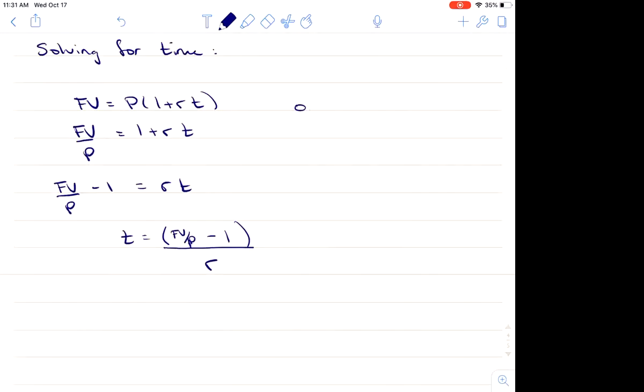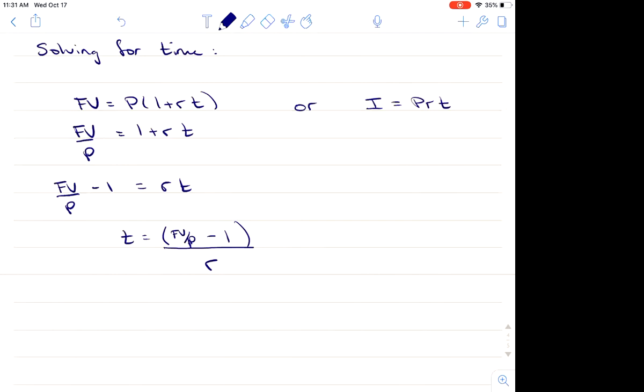Or from I equals PRT, if we know the amount of interest, this one's going to be easier. If I give you the future value, you're probably better off just using the future value formula. So 4,000 grew to 5,000.